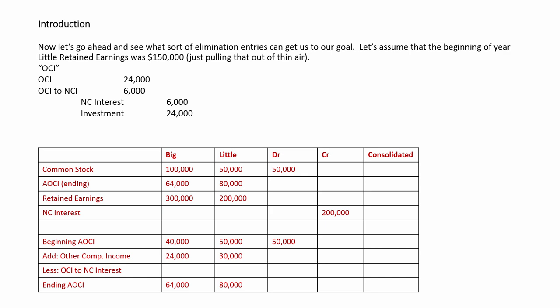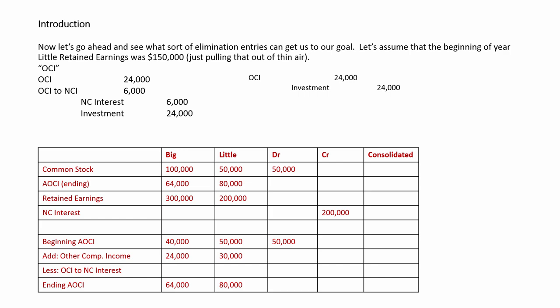It might be easier to break this into two separate entries. First, we have the one that essentially undoes the equity method entry that the parent does when they recognize their share of the subsidiary's other comprehensive income. Under the equity method entries, when the subsidiary reports other comprehensive income, the parent reports other comprehensive income and debits their investment account.